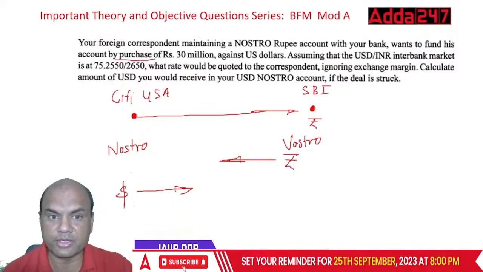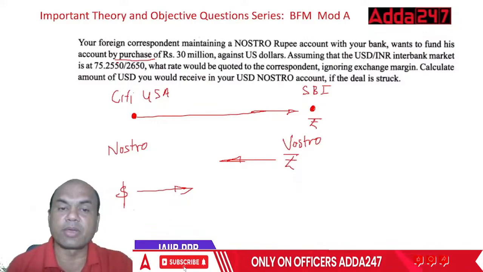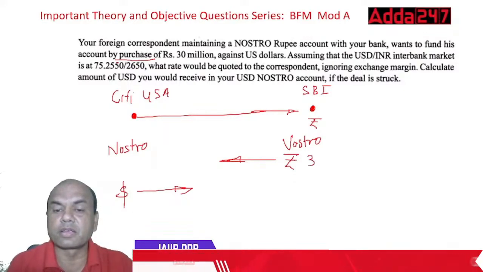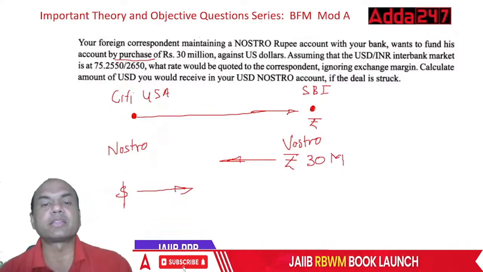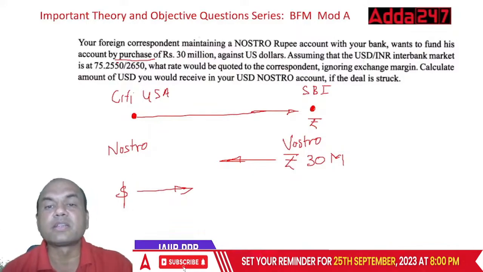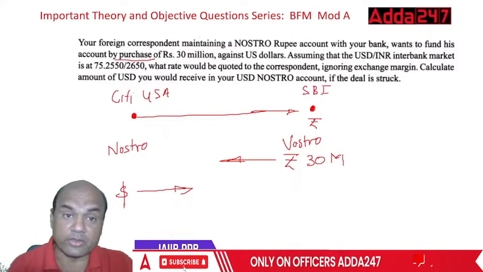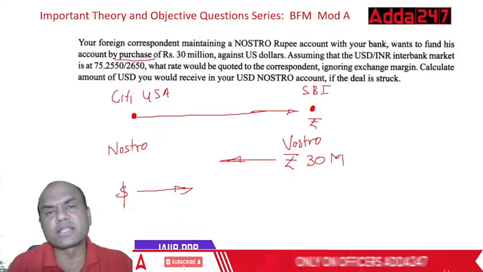Now how much rupees does Citibank want? Citibank wants 30 million. What is 30 million? Understand that also. What is 1 million here? The US system is very simple.